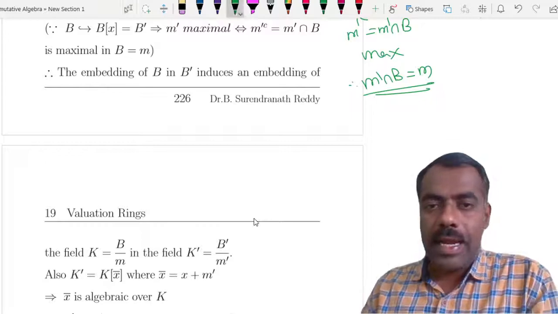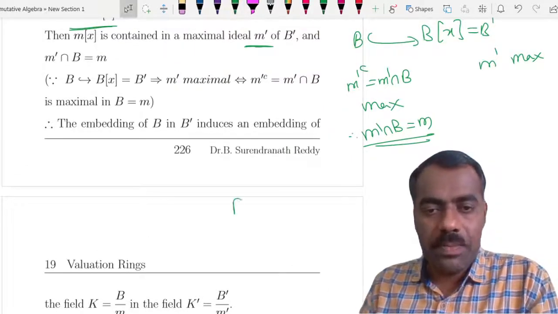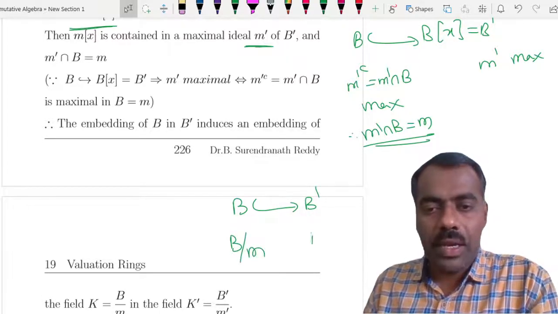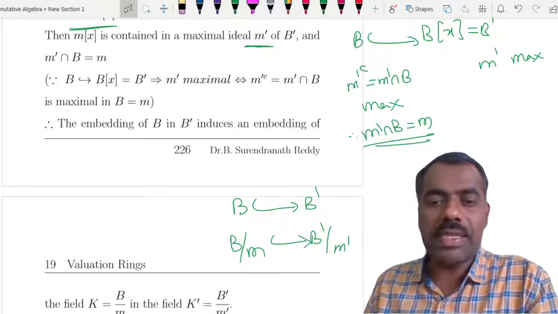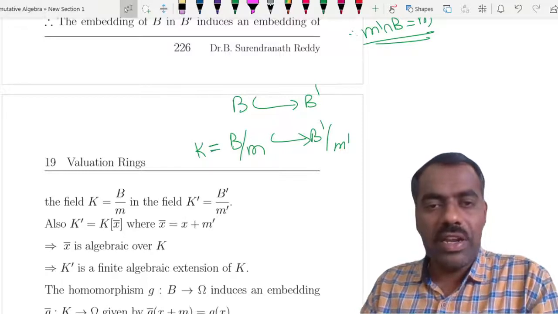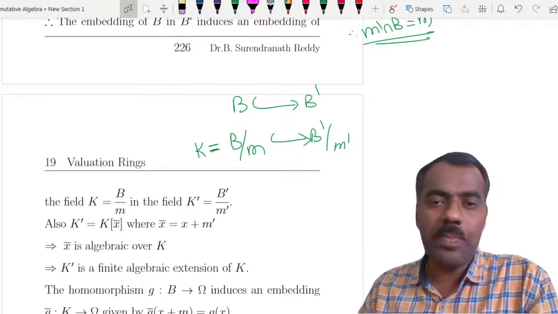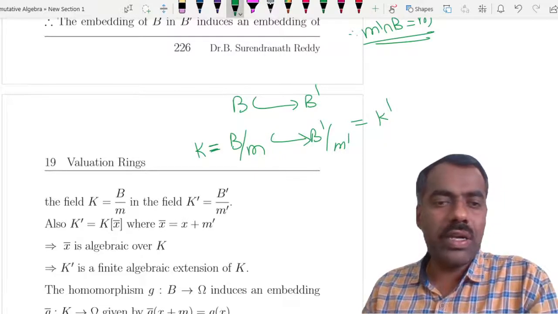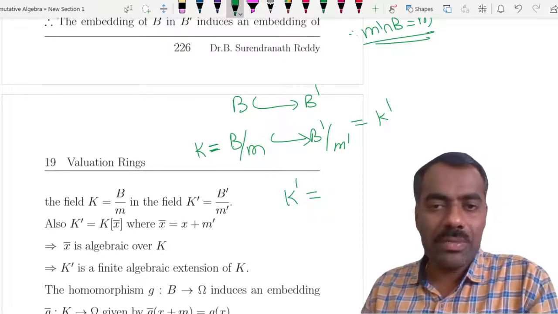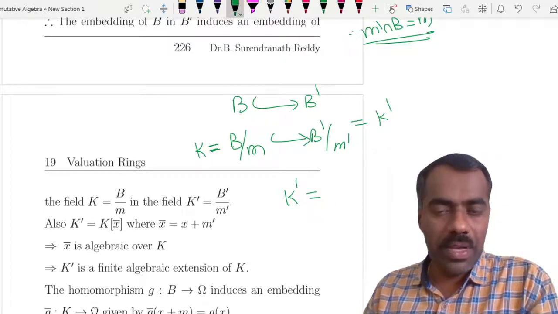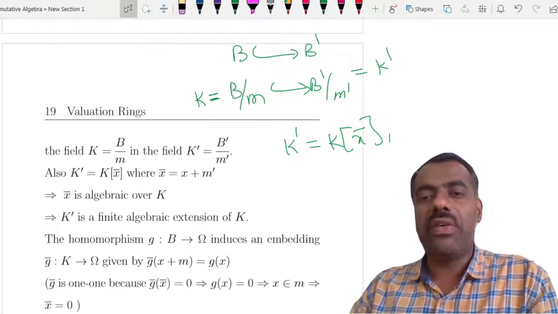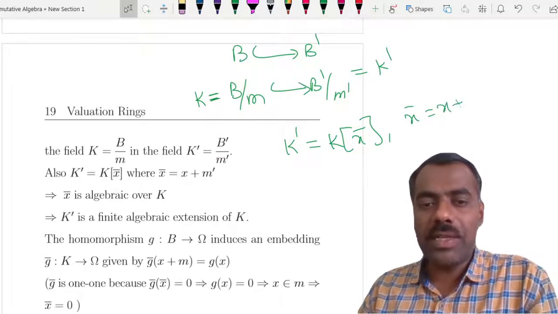And not only this, because we have an embedding of B into B prime, when you go modulo M and modulo M prime, you get the same embedding. This you can call K, because the field B modulo M is K, and this you call K prime. So we got an embedding K to K prime. And K prime is nothing but K[x bar], because B prime is B[x], where x bar is x plus M prime.